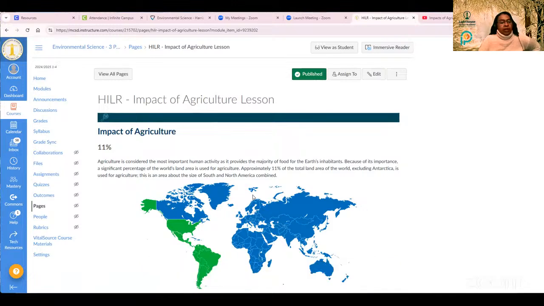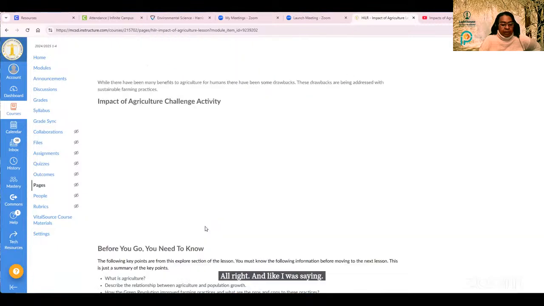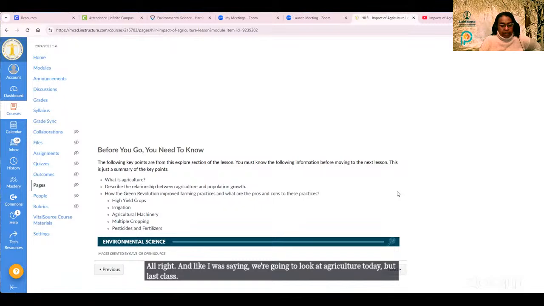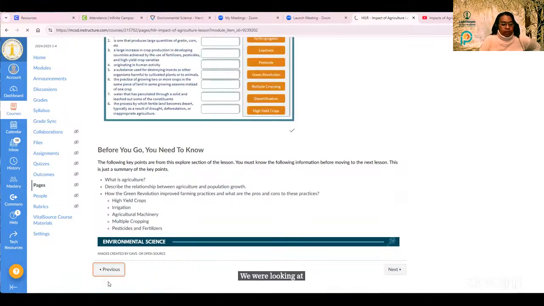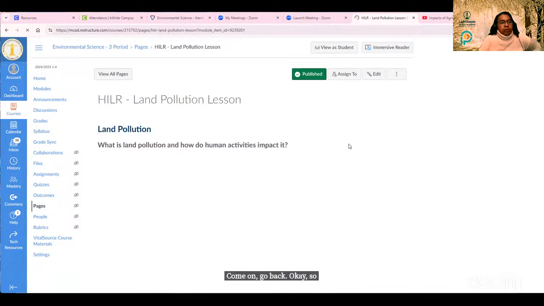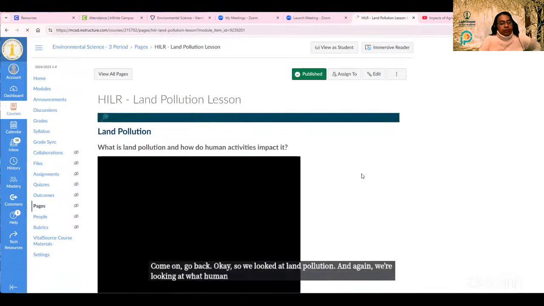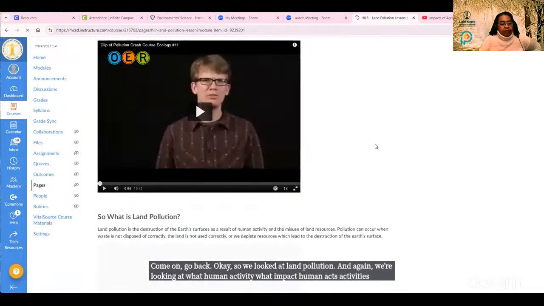All right, and like I was saying, we're going to look at agriculture today, but last class we were looking at land. Okay, so we looked at land pollution. And again, we're looking at what impact human activities have on all of these things.